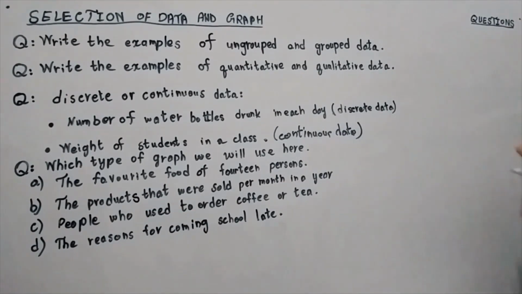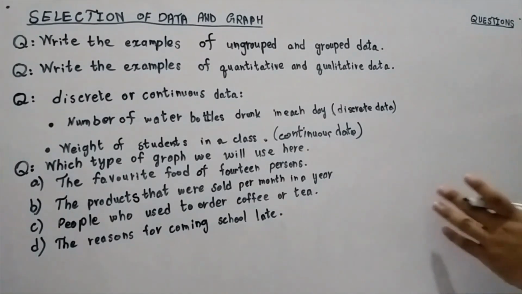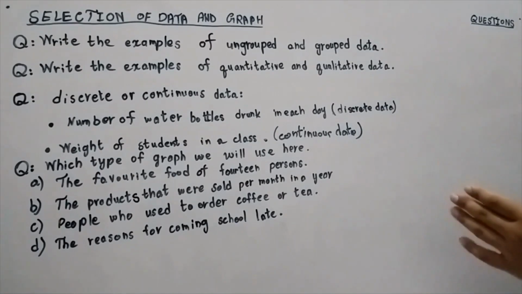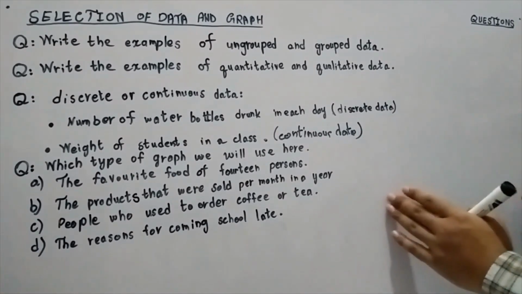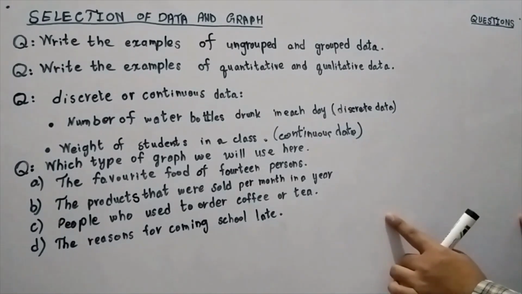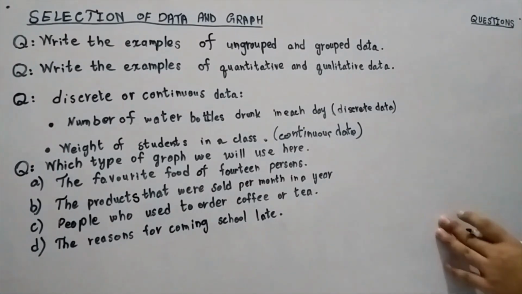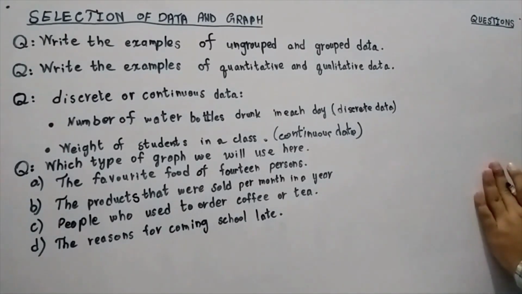It means we have to draw a chart for a year and see the products that were sold in each month.